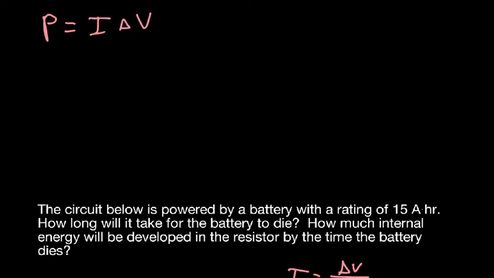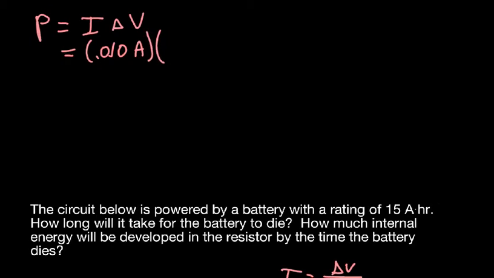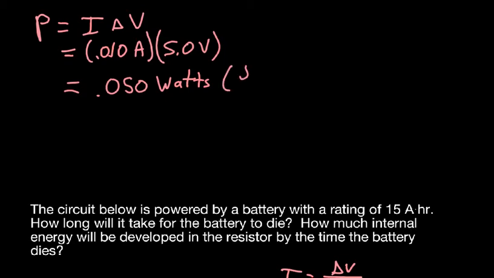Power is equal to the current times the voltage across this resistor, which in this case is equal to 0.010 amps times 5.0 volts. And so we're going to get 0.050 watts, or joules per second.